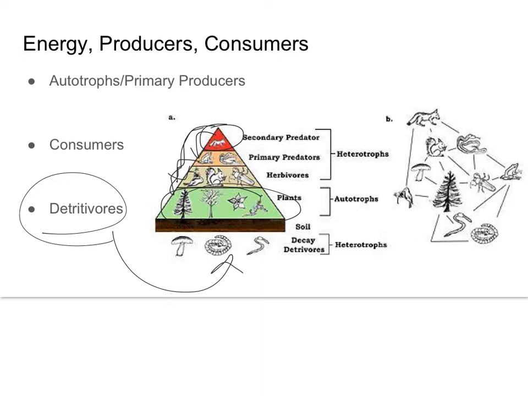Every time a leaf falls or an animal dies, their job is to decay all of that dead material. To me, those are the most important thing in the ecosystem. If we didn't have those, there would be dead stuff everywhere, and we would have no more organic material left, because there wouldn't be anything to recycle those nutrients into the soil and into plants so that we can start the whole process over again.